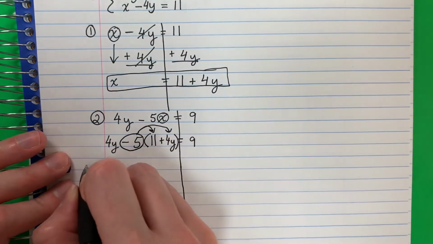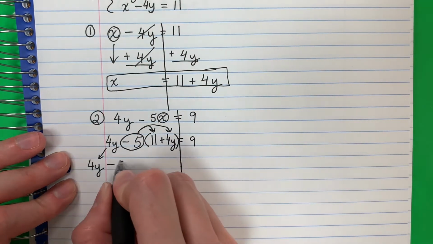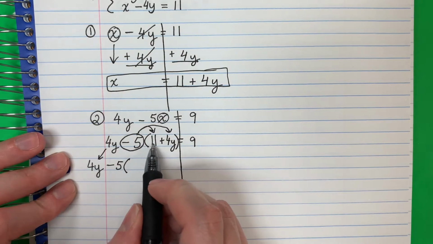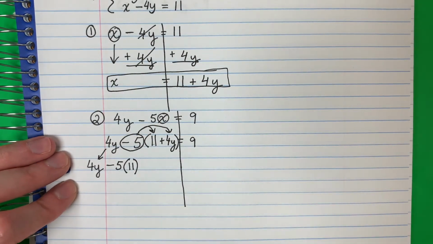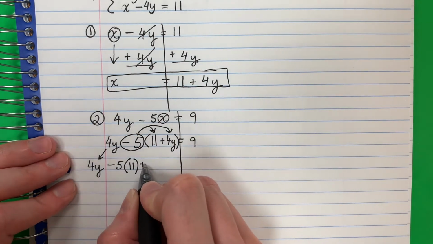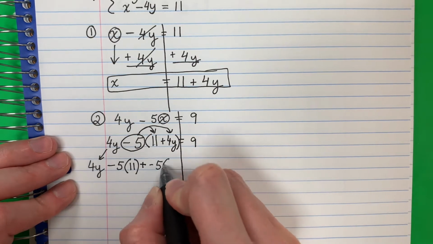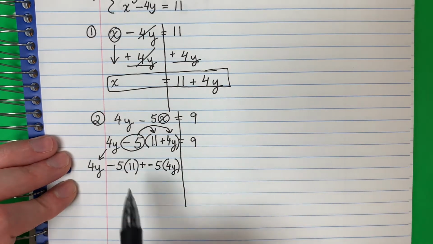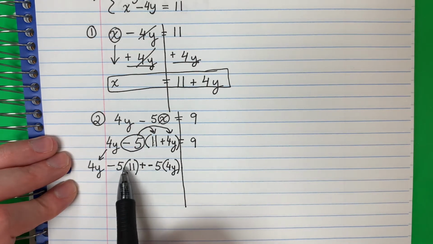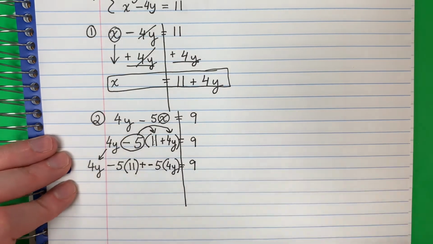So let me go ahead and copy 4y here. And then I'm going to do minus 5, paréntesis, 11, paréntesis. Always put a plus to separate, siempre un más para separar. And then again, repetir, negative 5, paréntesis, 4y, paréntesis. Okay, so one time with the first one, plus, and again with the second one, equals 9.